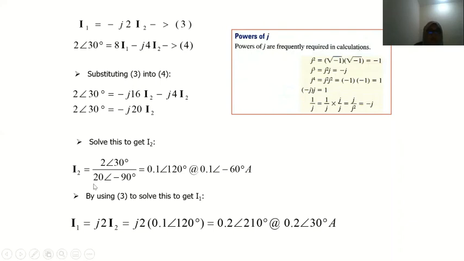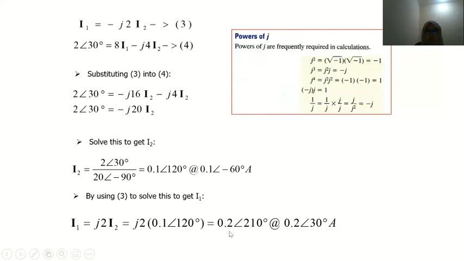Now you have to solve for I1. You just substitute I1, which is equivalent to minus j2I2 from your third equation, with what you obtained for I2, which is 0.1 with 120 degree.